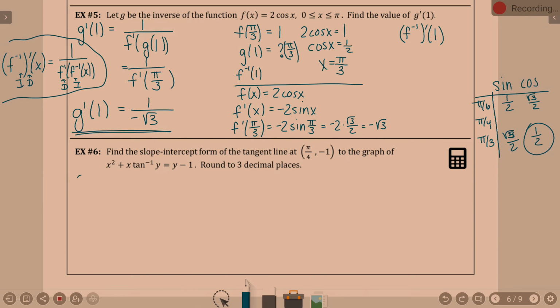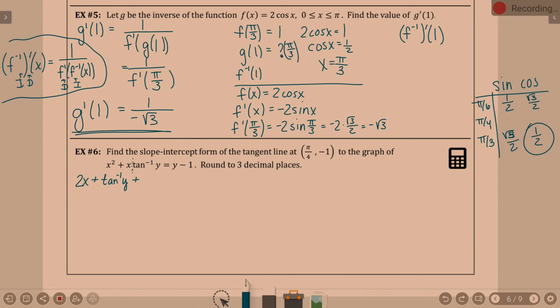plus, that's product rule, my next piece is x times tangent inverse y. So this is a product rule, yes? Derivative of x is 1, keeping the tan inverse y. Product rule says we then add, and now we're going to keep the x.